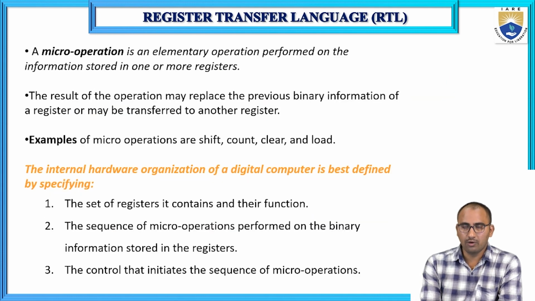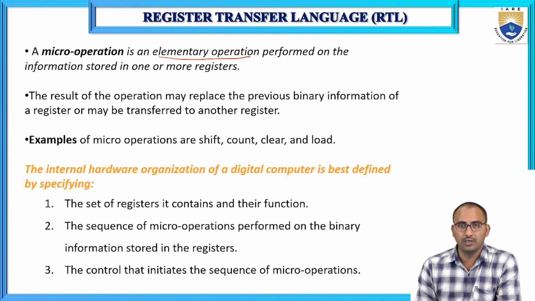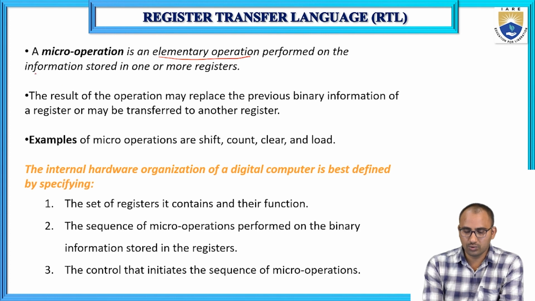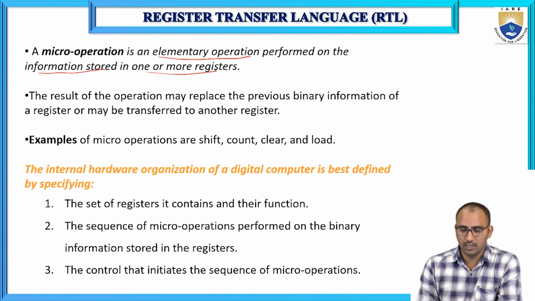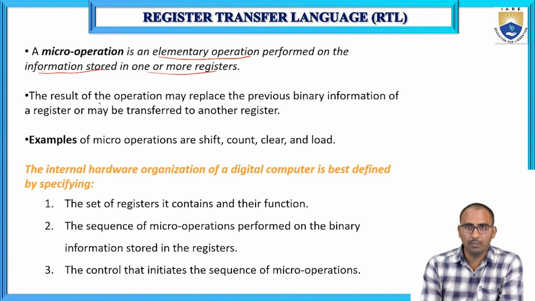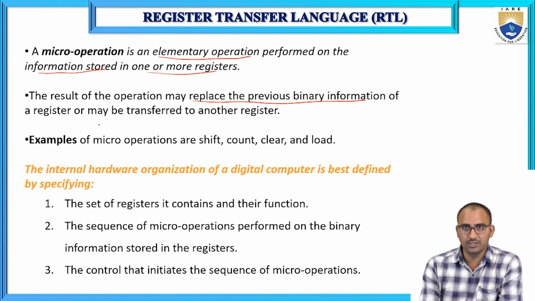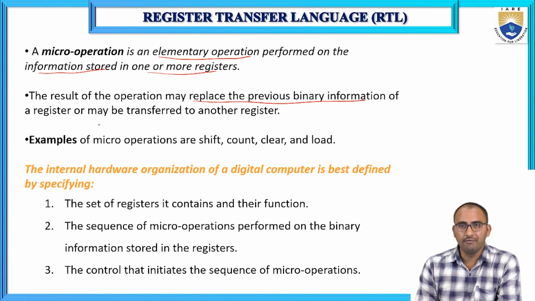A micro operation is an elementary operation performed on the information stored in one or more registers. The result of the operation may replace the previous binary information of the register, or sometimes we can copy it to a new register.